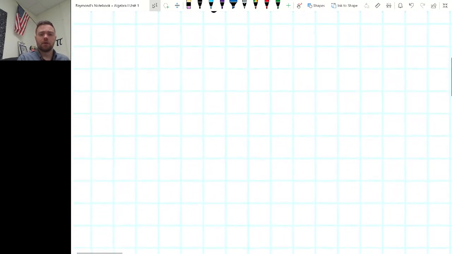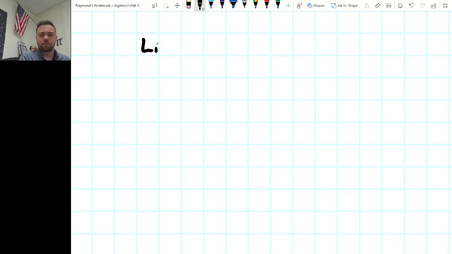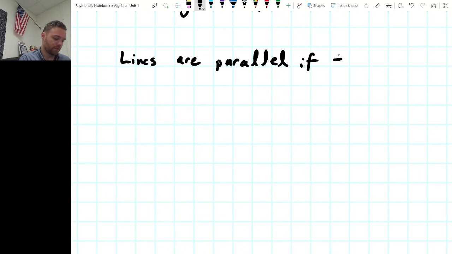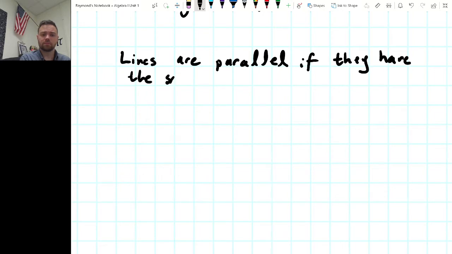So lines are parallel if they have the same slope and do not intersect.